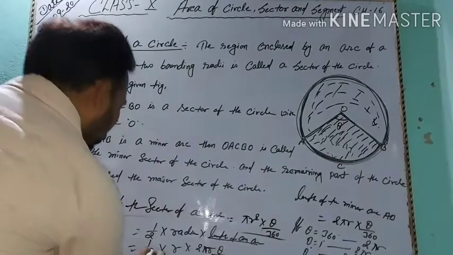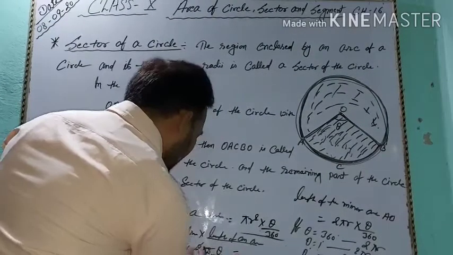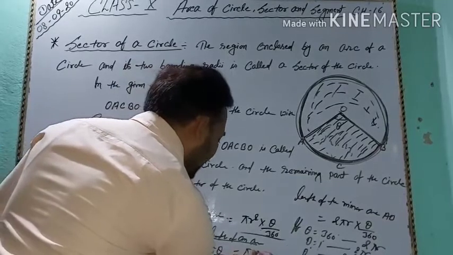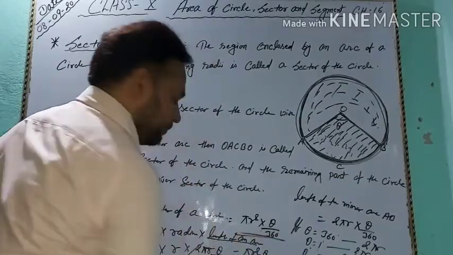Okay, so 2 cancels with 2, and we get pi r square theta by 360 degrees. So this is okay.